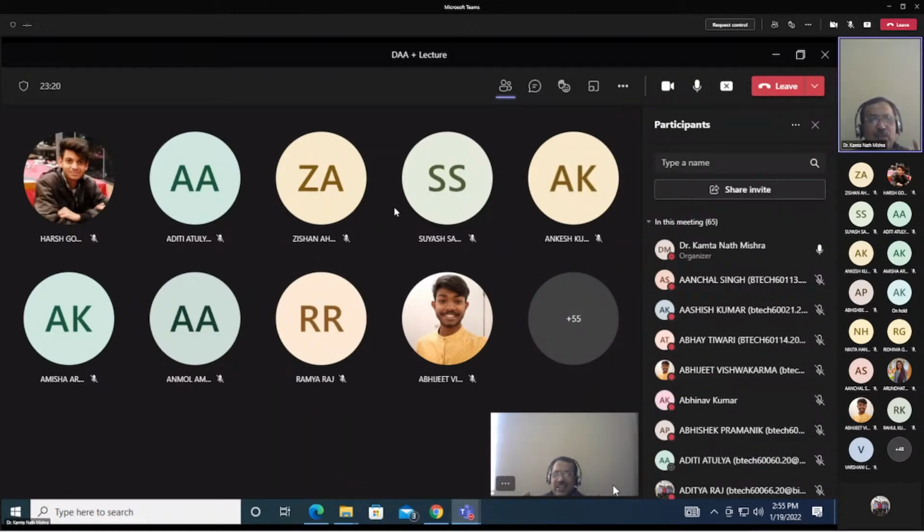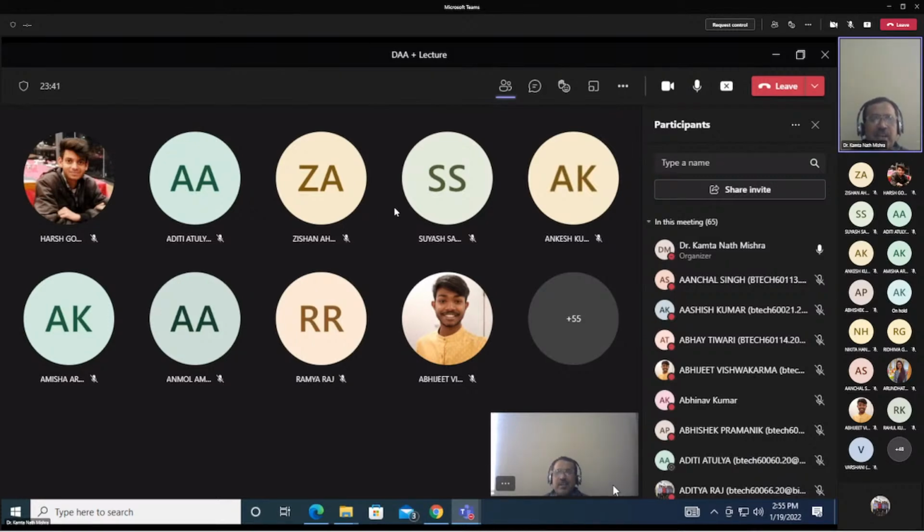Then you can say that the student whose program takes minimum compilation plus runtime has the best algorithm. But it is not always happening.